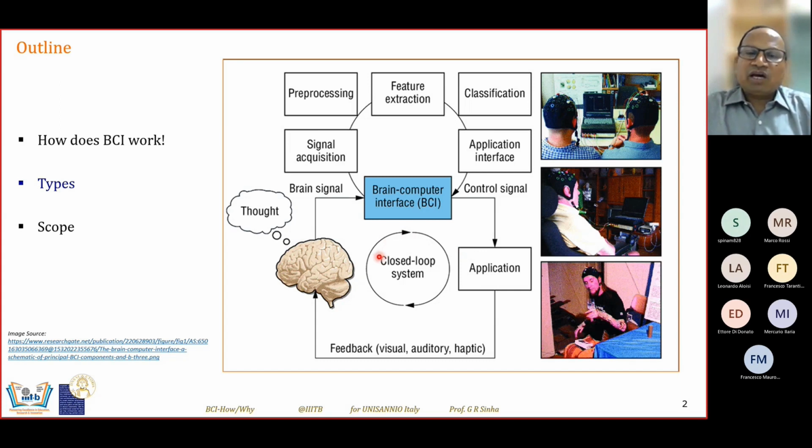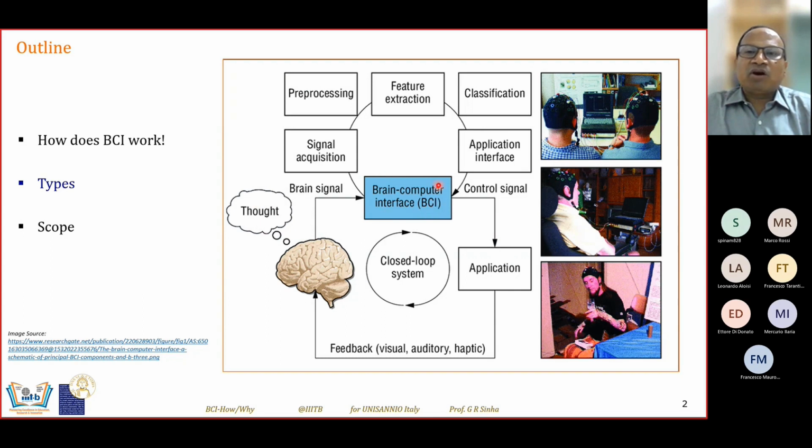But wherever you have rehabilitation, attempting to correct a disorder or disability by feedback signal, there you will always have a closed loop system. As you can see in this diagram, the brain signal is extracted. It may be a thought or some stage of your mind, that is the input to BCI, and then it goes to the application.